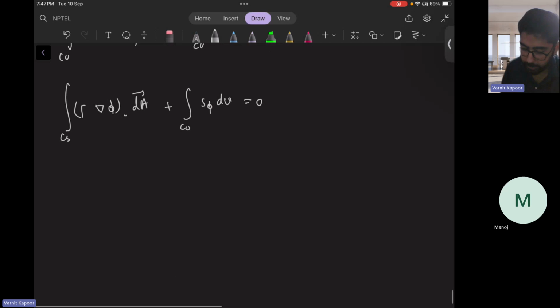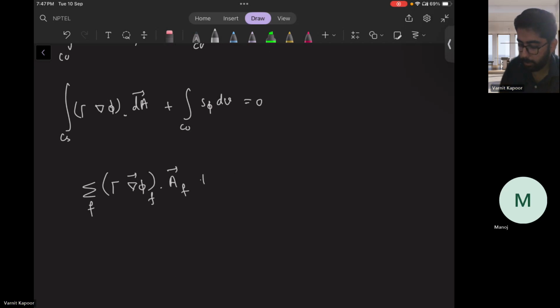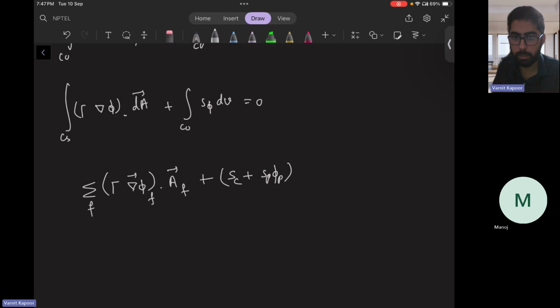So again, how do you write this? Summation over the faces of gamma grad phi dot A for the faces, plus the source assumption S_C plus S_P phi_P times del V, equal to 0.